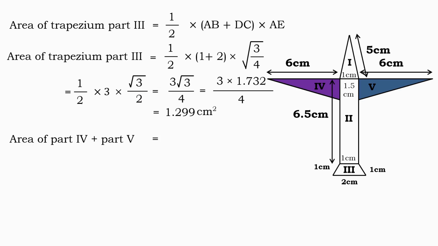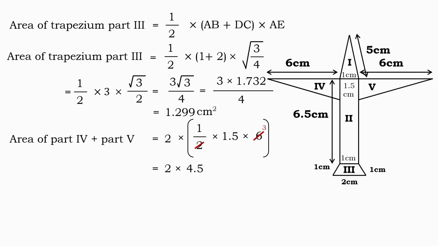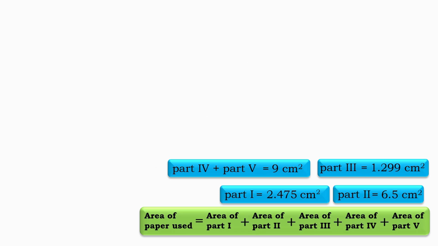Now the area of part 4 plus part 5 will be equal to 2 into half into base into height, because both are the same. So that's why we are doubling it, right? The base is 1.5 and the height is 6 centimeter. So 2 into half into 6 into 1.5, that is 4.5 doubled, which is 9 centimeter square.